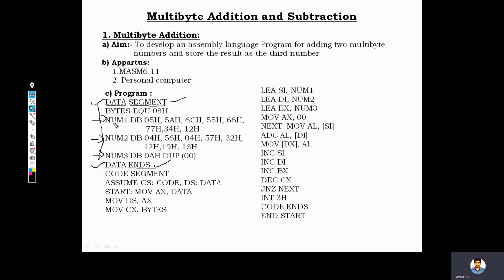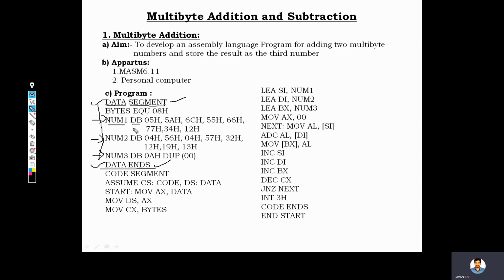So num1 and num2 are the operand arrays which provide the values, and num3 is the result array where I can store my result. How have we defined these values? Let's have a look. num1 is the name of the array, and db means define byte.